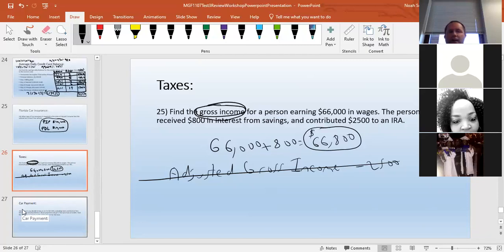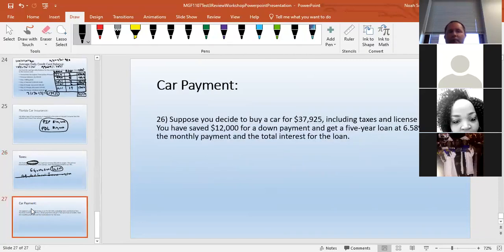And then we have a car payment problem. This says, suppose you decide to buy a car for $37,925, including taxes and license fees. You've saved $12,000 for a down payment and get a 5-year loan at 6.58%. Find the monthly payment and the total interest for the loan.